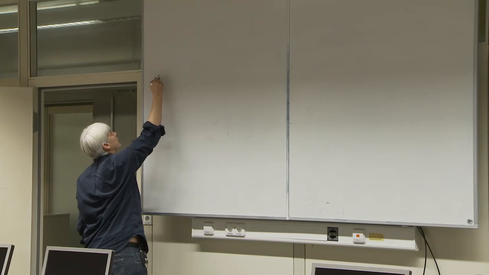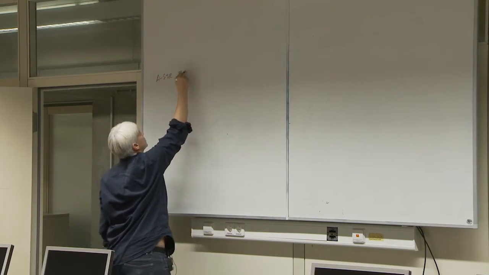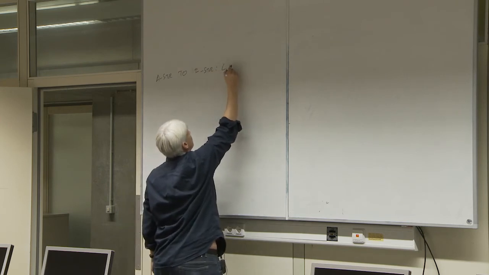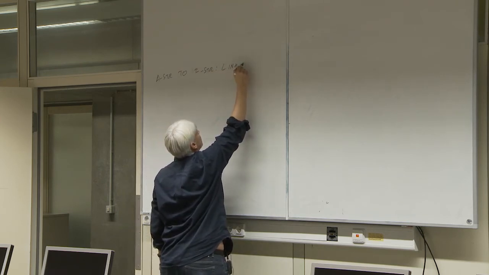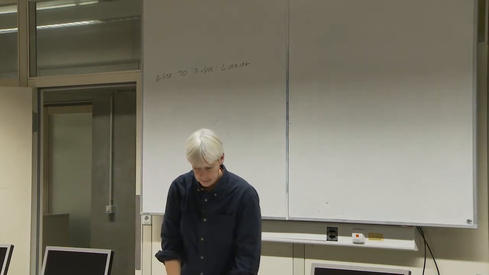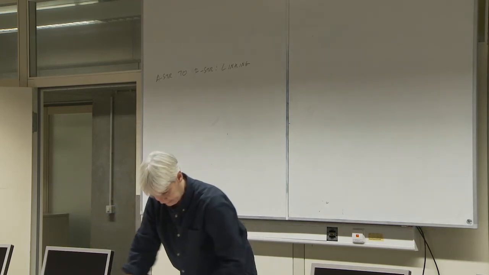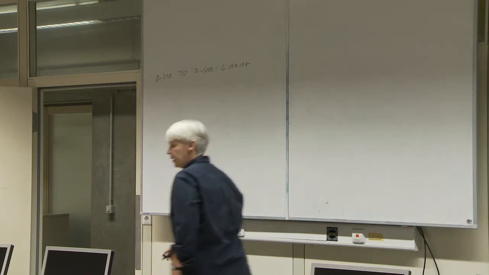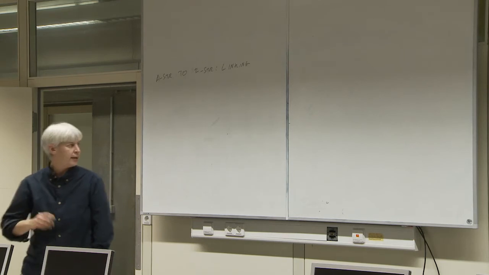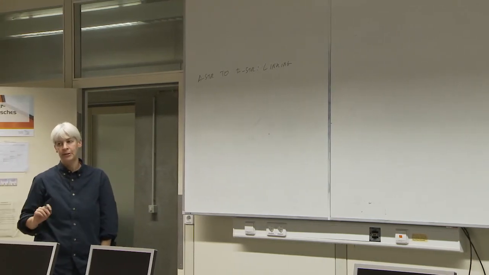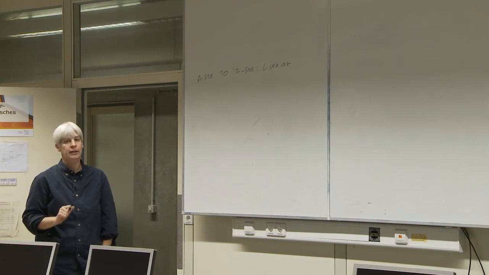Now, A structure to F structure, which is known as linking. Okay, now, unlike the phi projection that I just showed you, which is mathematically extremely well defined, it's been around in LFG since the very, very beginnings.